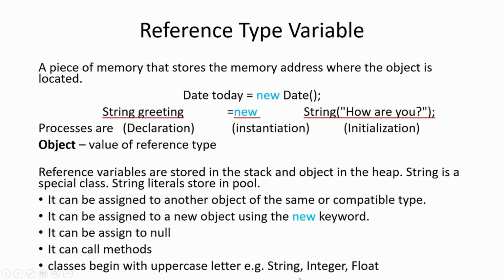There's also camel casing for some class names, but they begin with an uppercase letter, and the primitive types begin with a lowercase letter.